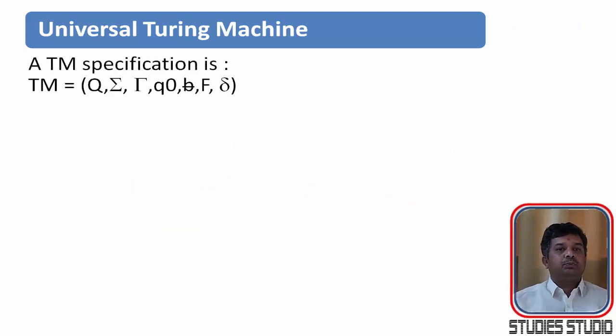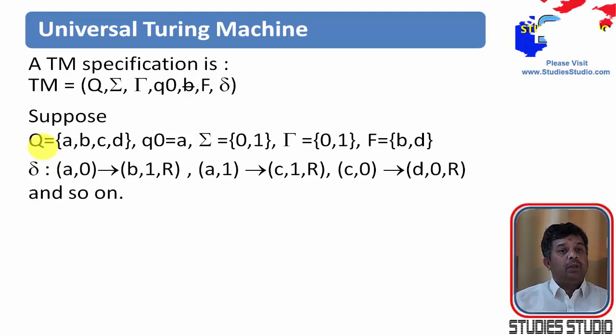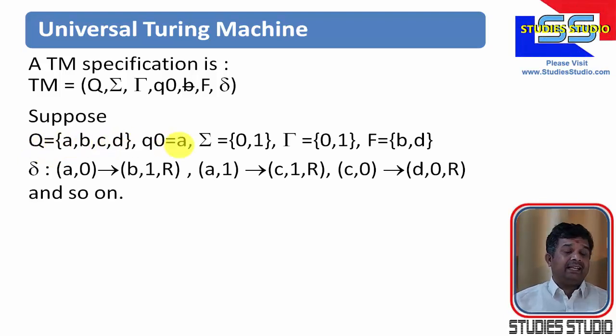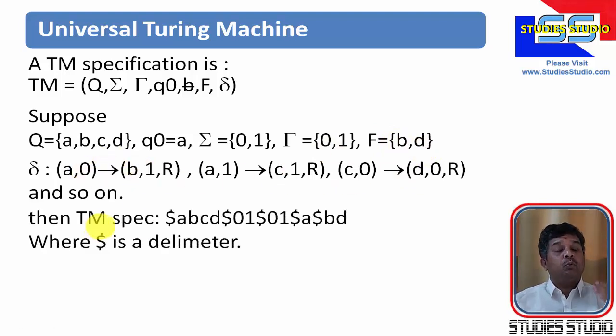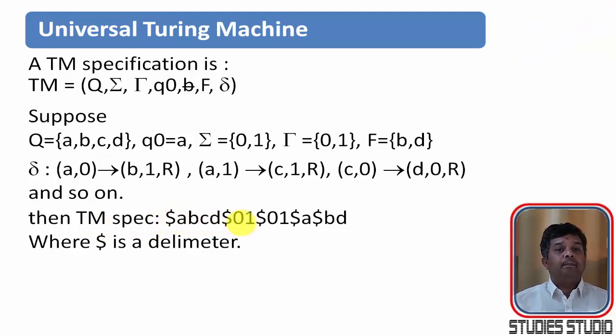Let us take the specification of a Turing machine. We represent a Turing machine by this 7-tuple, and in this case we have Q as A, B, C, D as states, Q0 as the starting state, that is A, the tape symbol and the input symbol are 0 and 1, the final states are B and D, and the transition is given in this way. If we want to write this specification, then we can write A, B, C, D, then $01, then $01.